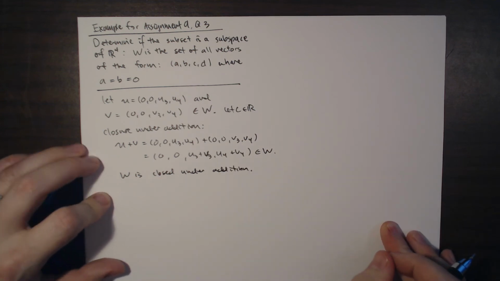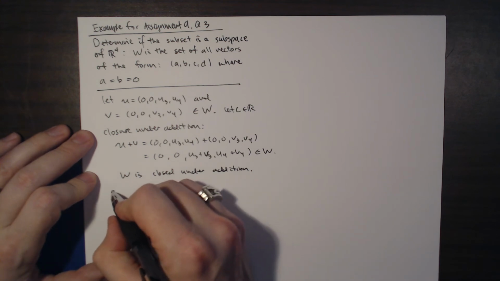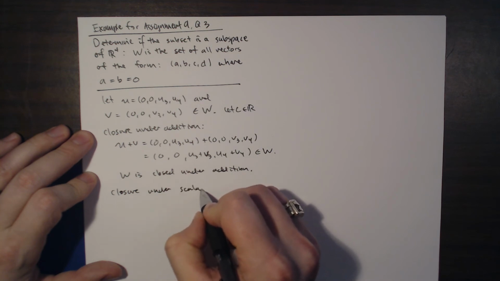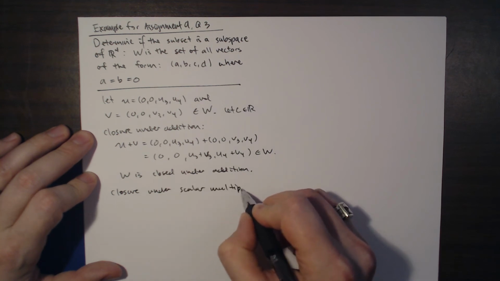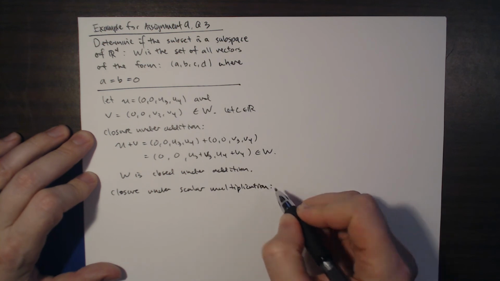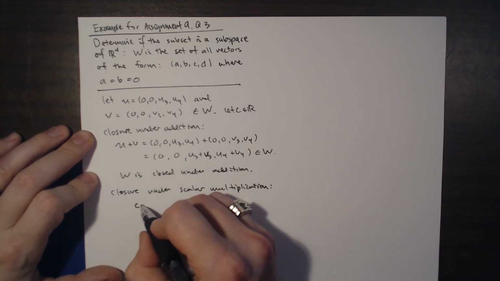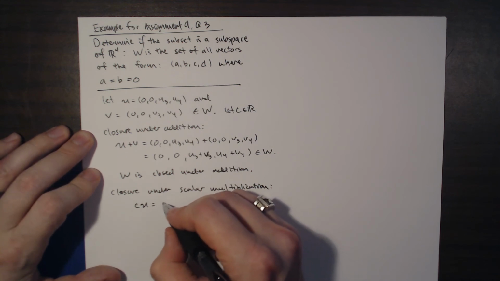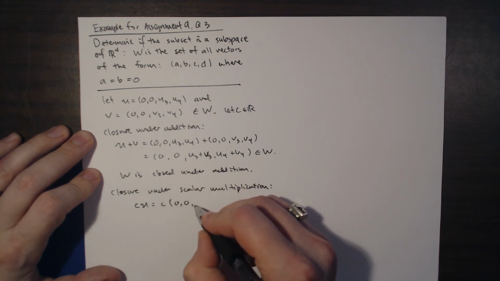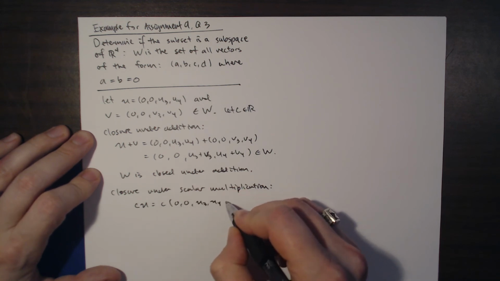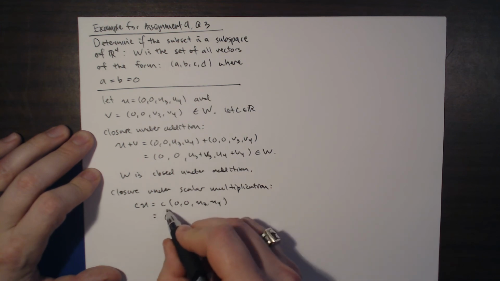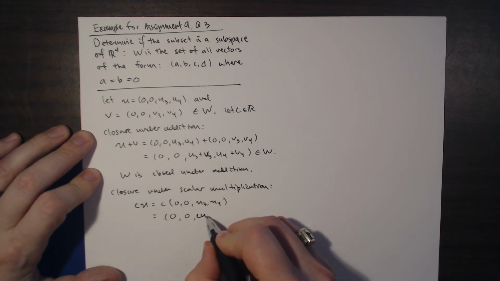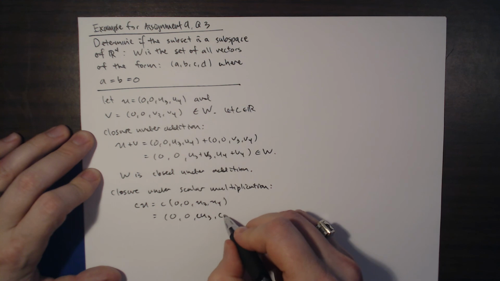Now we also want to check closure under scalar multiplication. So we want to see if C times the vector U is still in W. So C times U is C times 0, 0, U3, U4, which is C times 0 is 0, C times 0 is 0, C times U3 is CU3, and C times U4 is CU4.